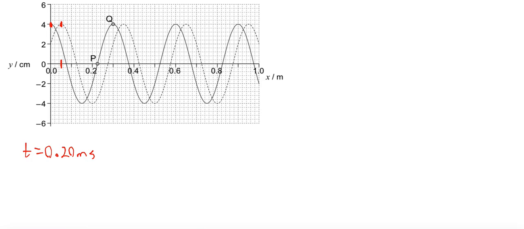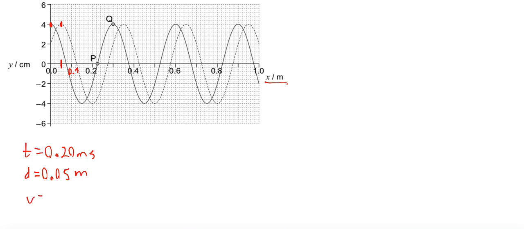This is 2, so this is 10, and this is half of 10. This is 0.1, half of 0.1, so 0.05 meters, in a time of 0.20 milliseconds.